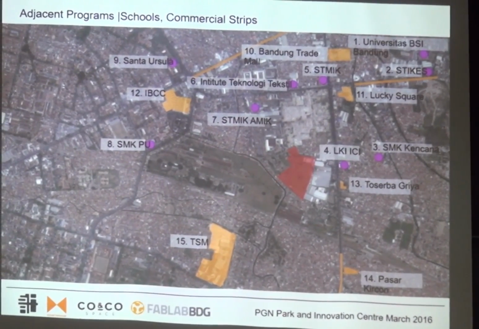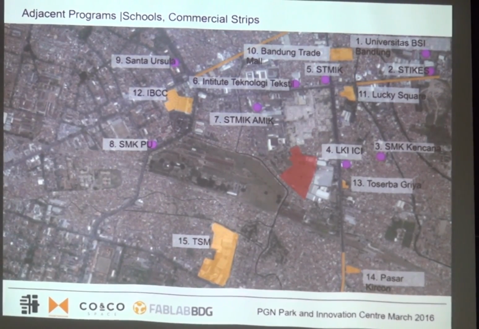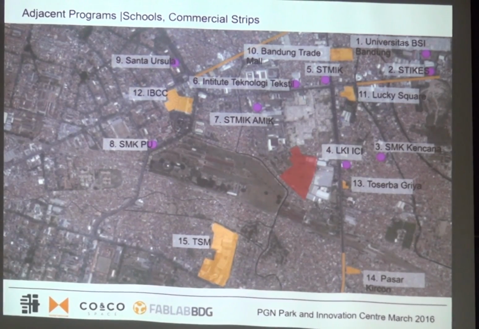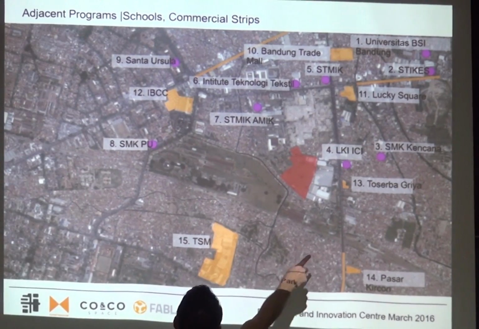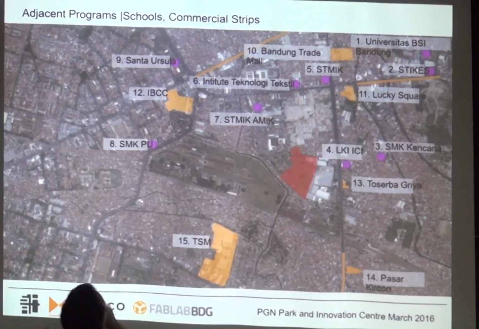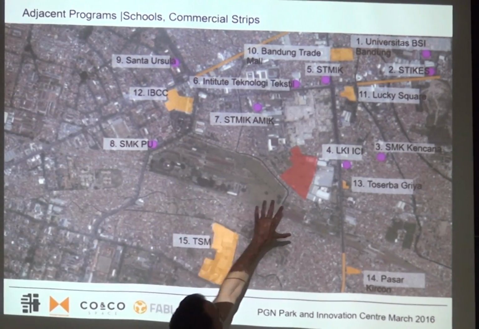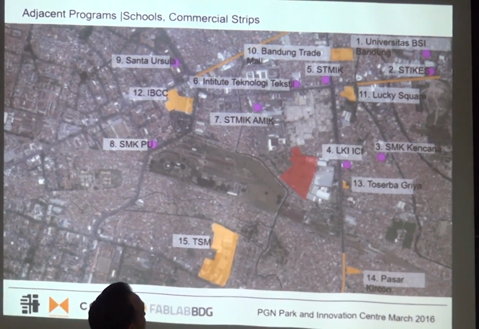The big trapezoid green open space you see there is the old train yard in Bandung. Here's the train line. This is the old train yard, and these are old buildings. Our site is here. Not far away we have the Trans Studio Mall.